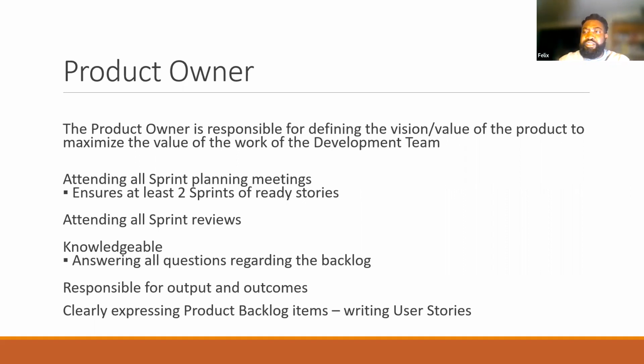He or she is also responsible for the output and outcomes, and for clearly expressing product backlog items by writing user stories. Yes, we do know the product owner is in charge of writing user stories, but it's always encouraged that you work with your development team to assist the product owner in writing user stories too.